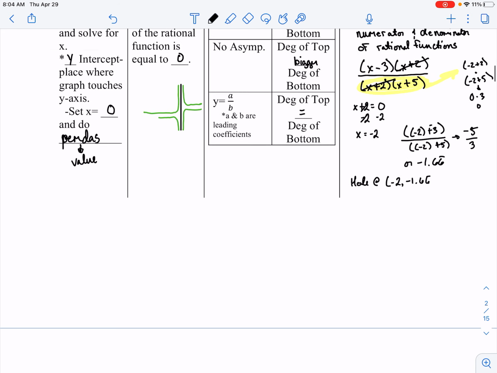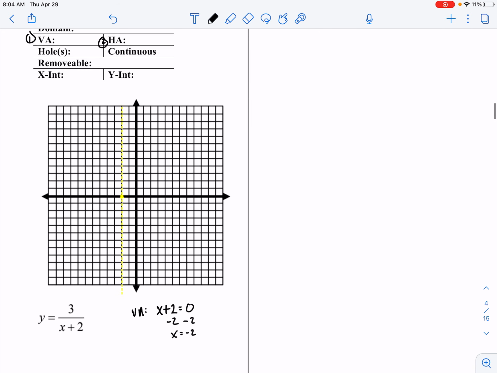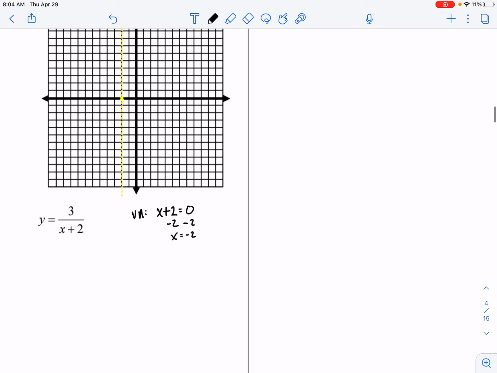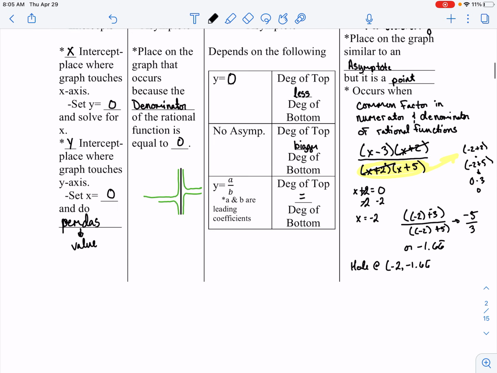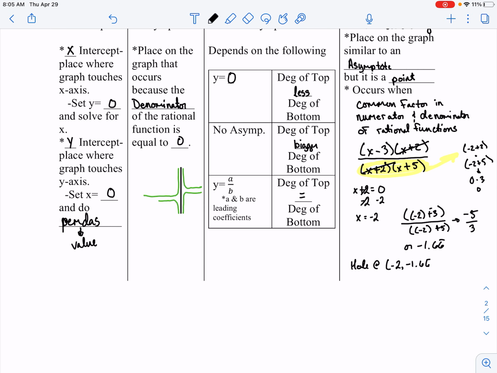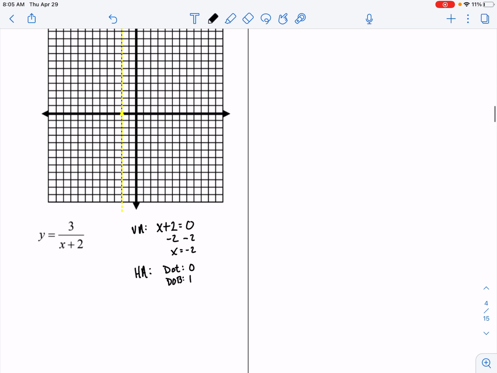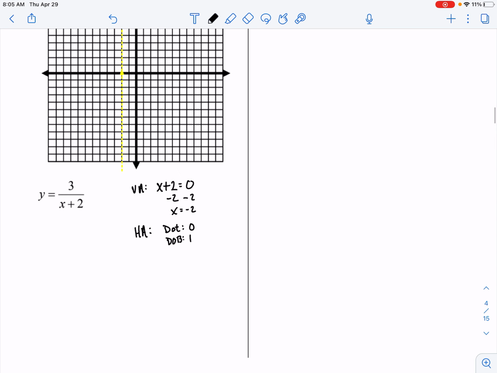In this particular one, degree of top is 0, degree of bottom is 1, so top is less than bottom, so my horizontal asymptote is going to be at y equals 0.